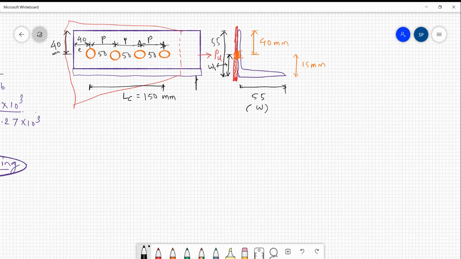This is the angle section we have used, ISA 55 by 55 by 8. This is an 8 mm thick gusset plate. So this is the complete detailing of the member which we are going to propose.